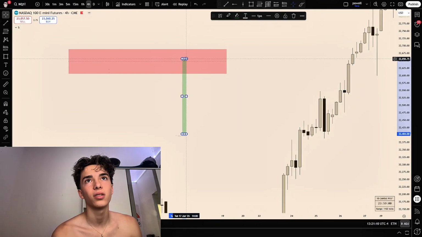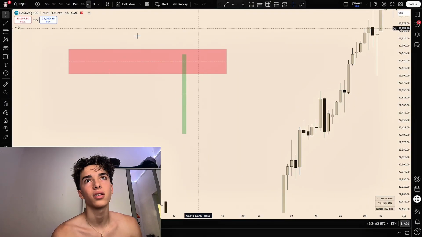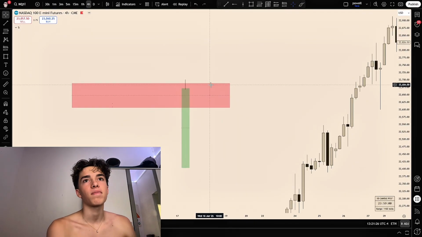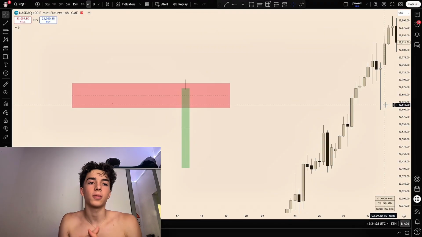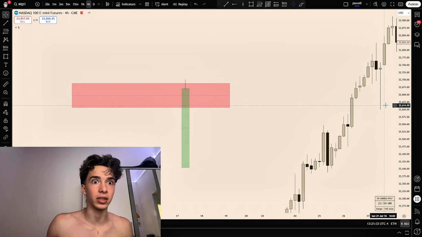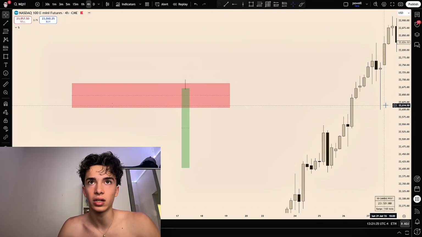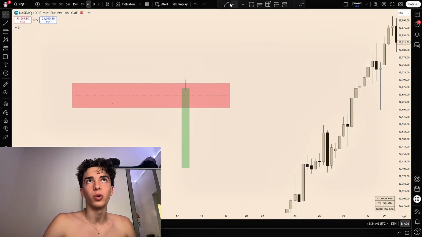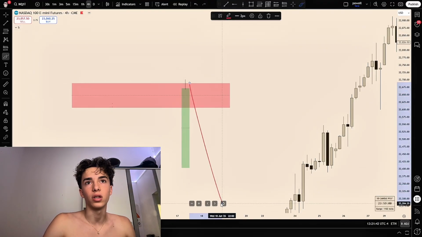We closed like that, and the wick was like this. Once you see this, it's basically not 100%. I'm not going to pretend everything is 100%, of course, but there's a very high probability that this will reverse from here.